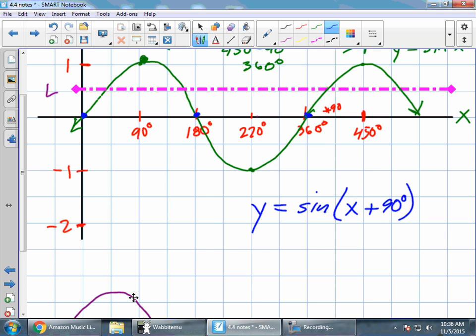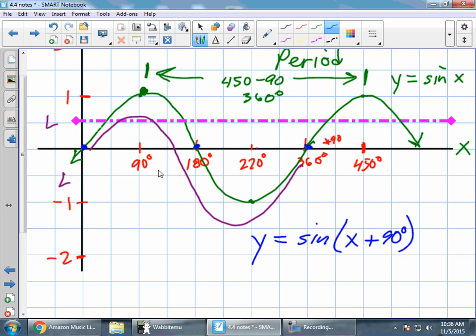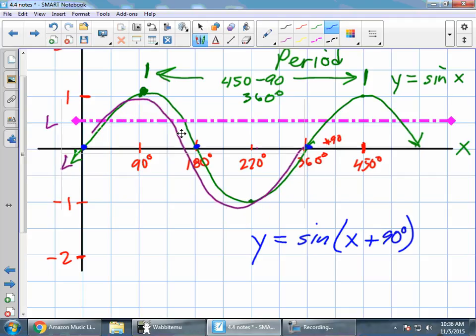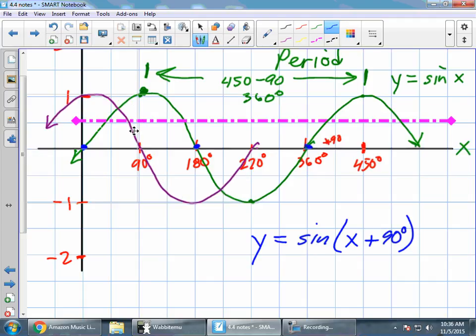It kicks it left or right. And if it's plus, which way is it, left or right? It's left. So if we go like this, plus 90, it's going to kick everything left 90 degrees. But everything else is the same. The period's the same. The amplitude's the same. It just shifts it. Okay?